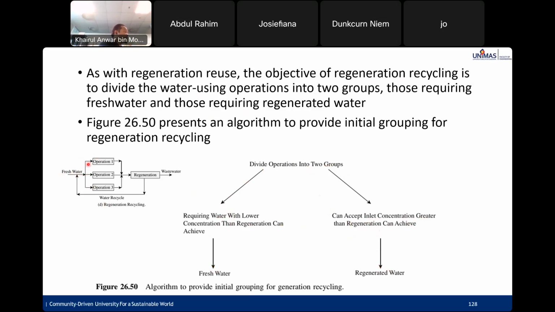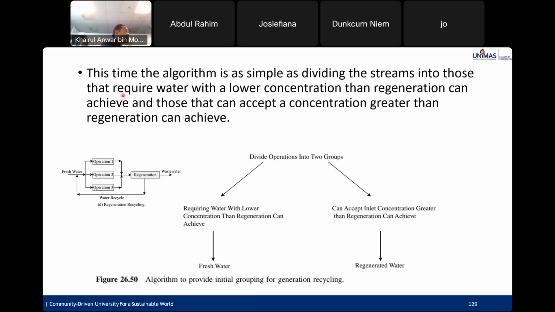The fresh water goes to all the operations, then regenerated, then recycled. Some goes to wastewater. This time the algorithm is as simple as dividing the streams into those that require water with a lower concentration than regeneration can achieve, and those that can accept a concentration greater than regeneration can achieve.